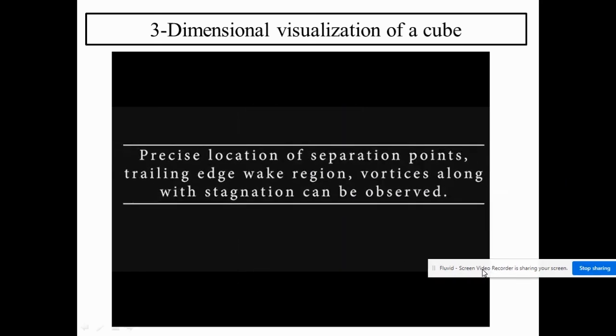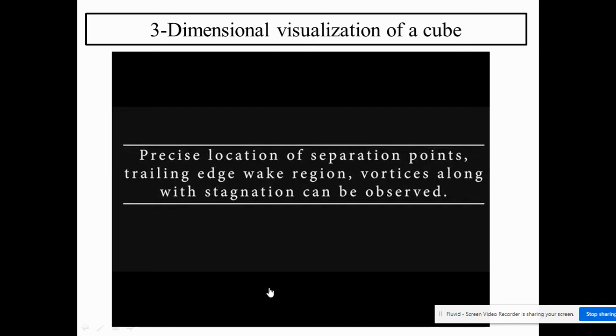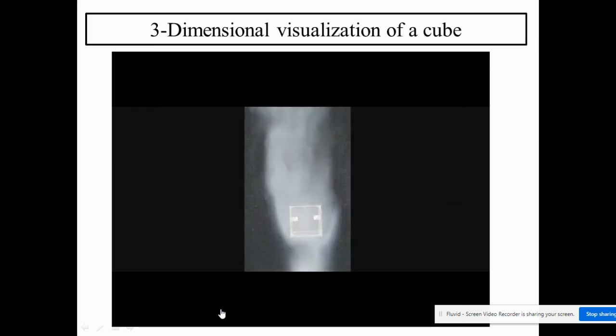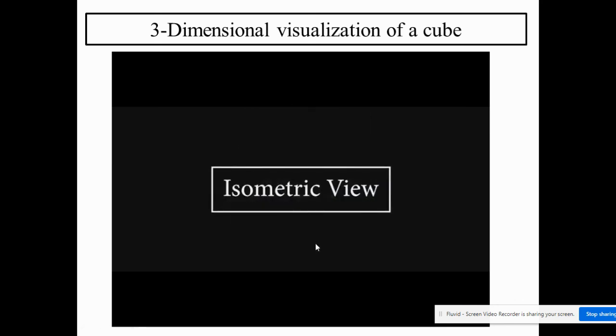So here we can locate the pressure points, trailing edge, and the wake region along with the stagnation. So this is stagnation pressure. Here is the separated flow.